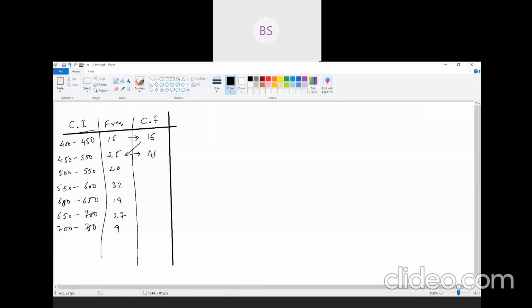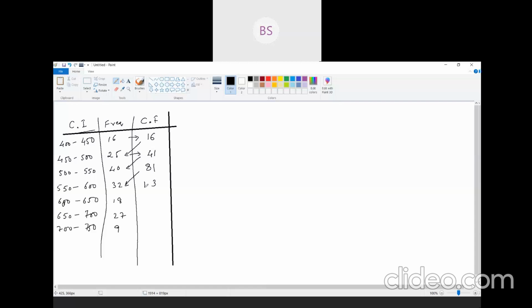Then we have to add the next frequency. 41 plus 40 will give us 81.